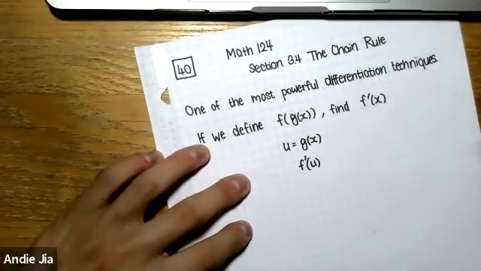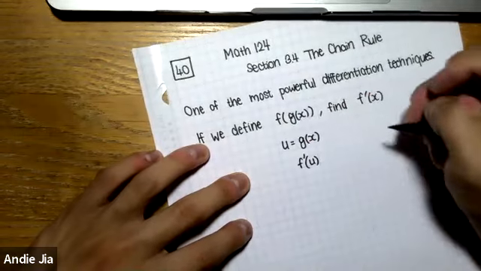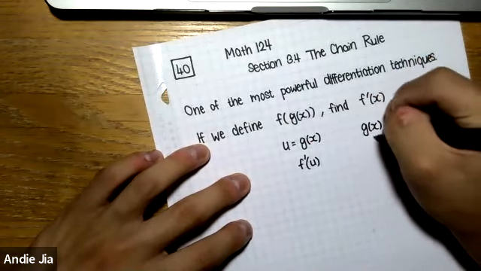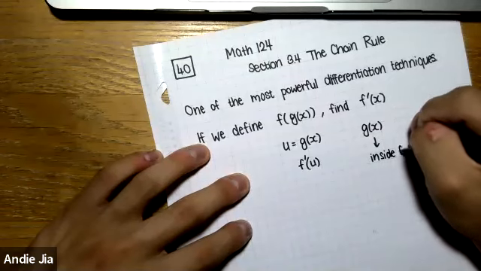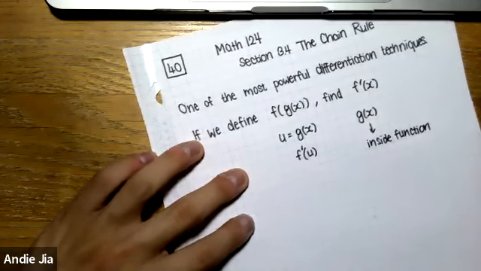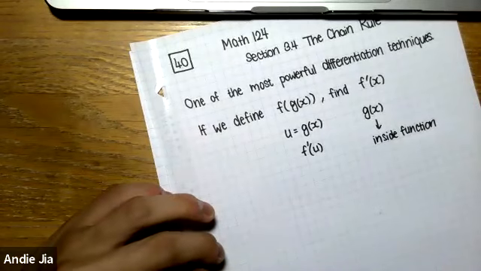We compute f prime of u, and we treat g of x as the inside function, and f is the outside function.